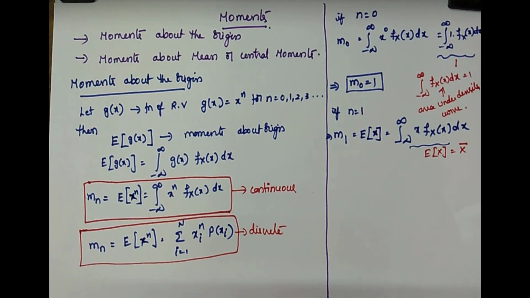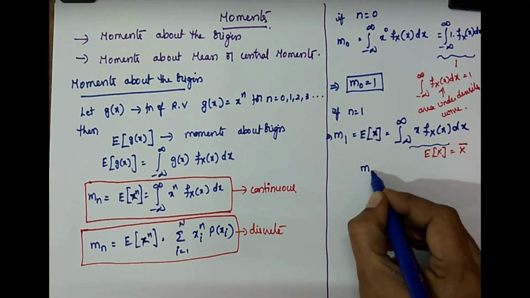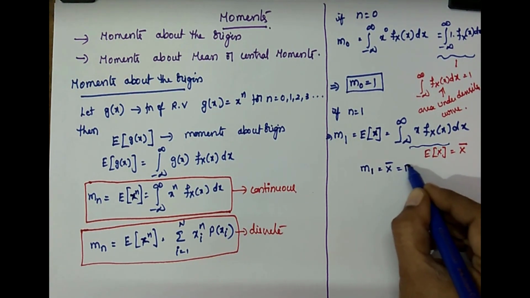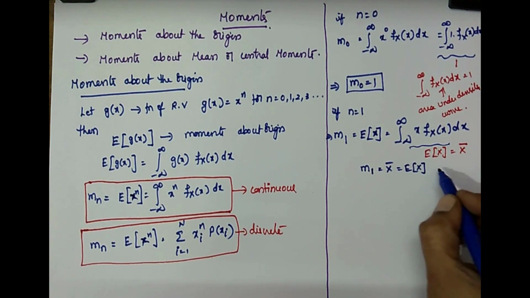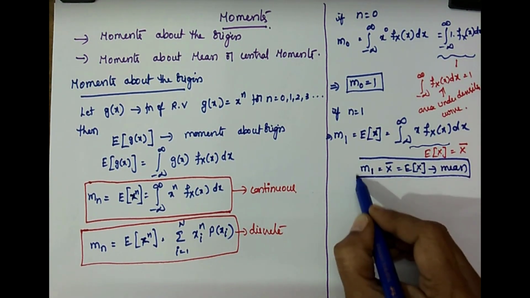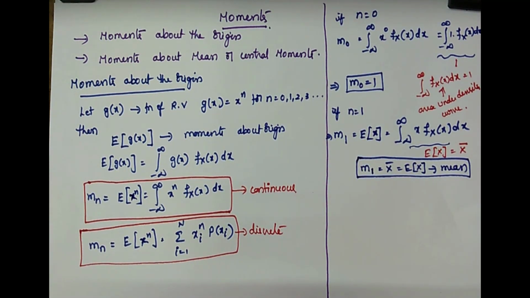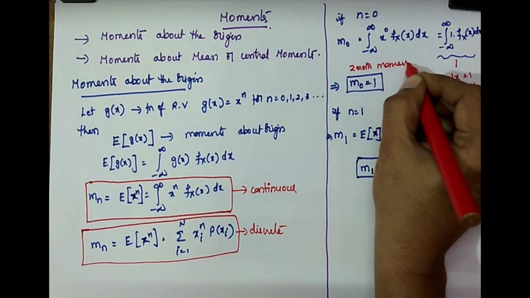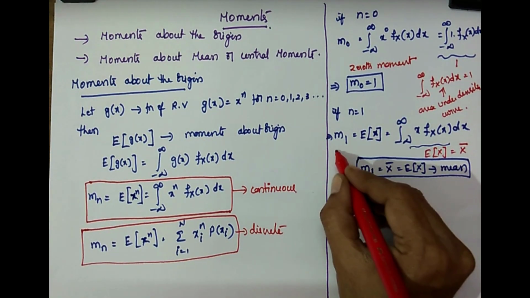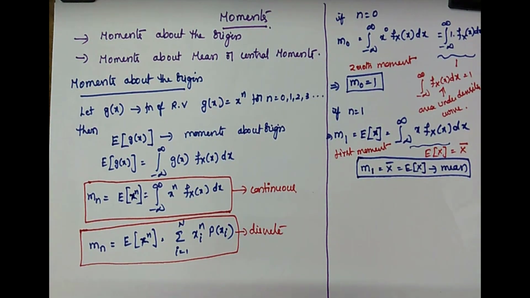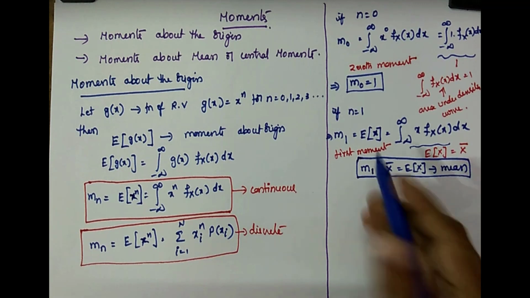So m_1 is x bar, or E of x, which is nothing but the mean. So the first moment is equal to the mean value. This is the 0th moment, and this is the first moment.